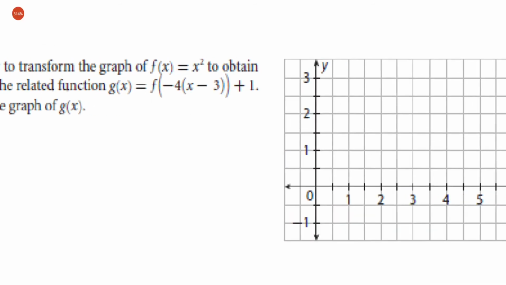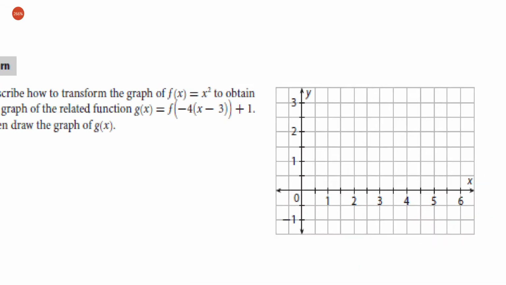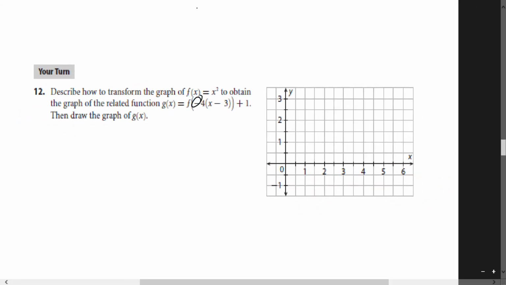So if we want to be able to describe how the graph is being changed, notice we're multiplying by a negative. That means we're going to reflect across the x-axis.